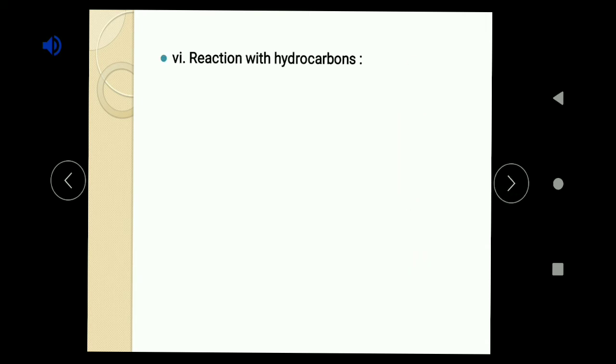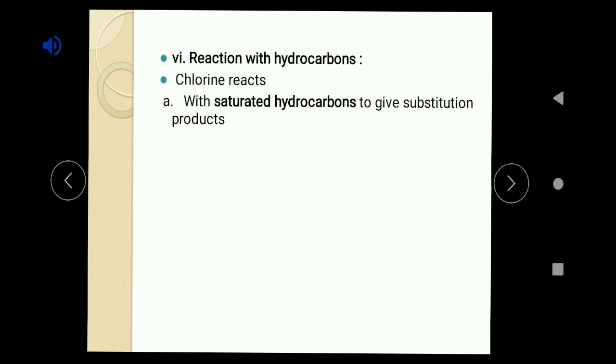Now, next is the reaction with hydrocarbons. Which are hydrocarbons? Do you remember? Those are saturated hydrocarbons and unsaturated hydrocarbons, alkanes and alkenes. So, chlorine reacts with alkanes as well as alkenes. As you all know, saturated hydrocarbons are alkanes, and alkanes give only substitution type of reactions.